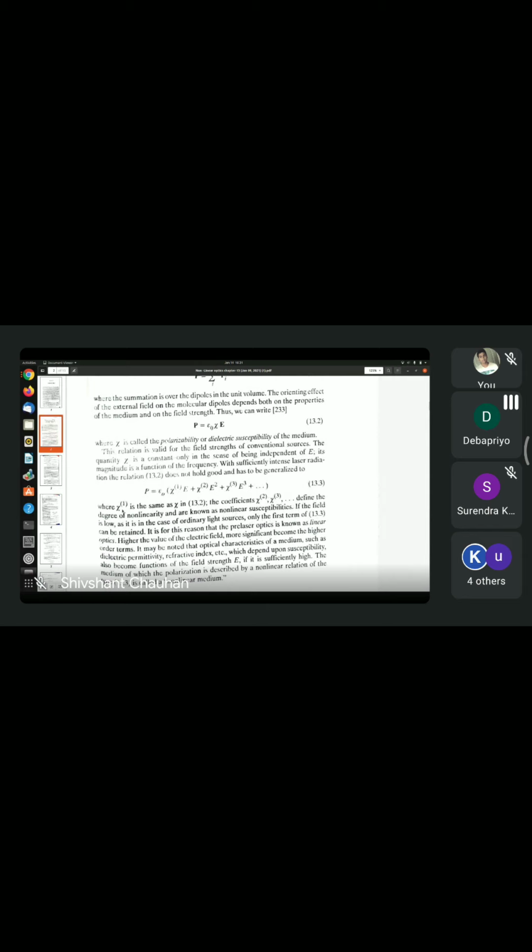Okay. Now, as I just said, for low intensity beams, the polarization vector is proportional to the electric field. We have just given you a calculation which demonstrated this.